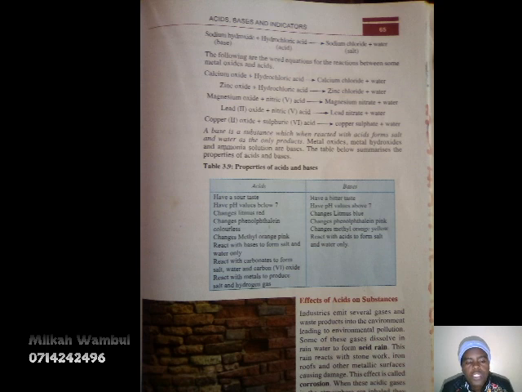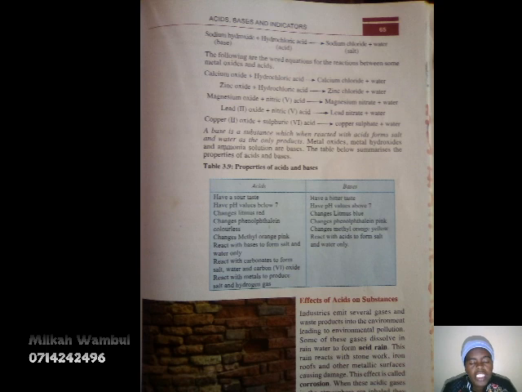So therefore we define a base as a substance that reacts with an acid to form salt and water as the only neutral products. You can also define an acid as a substance that reacts with a base to form salt and water as the only neutral products.